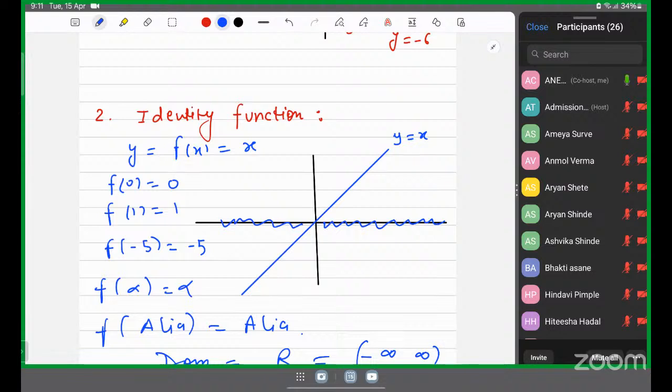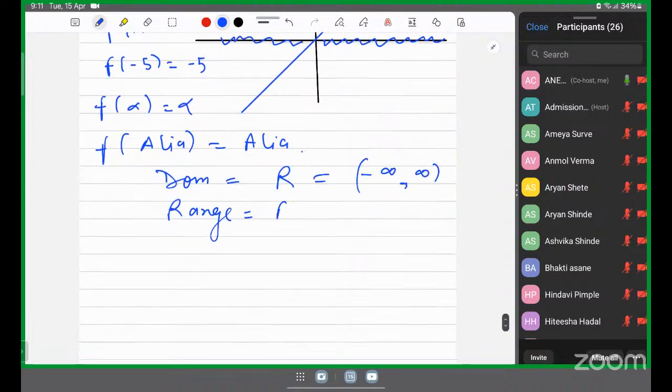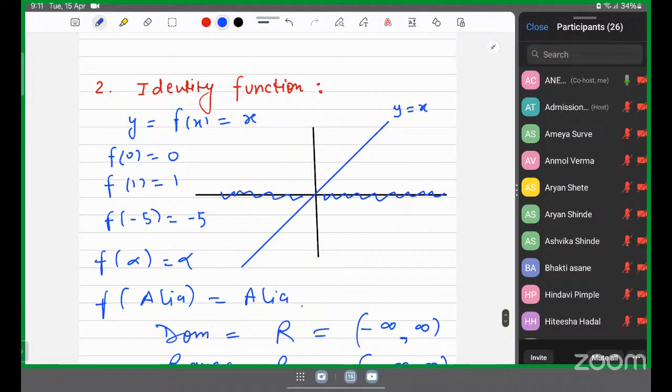So its range will also be R, minus infinity to plus infinity. If this is exactly y equals x, this angle is fixed at 45 degrees. And if you make certain changes in this, there will be certain changes in the angle. And what will be the condition for domain and range in that case?